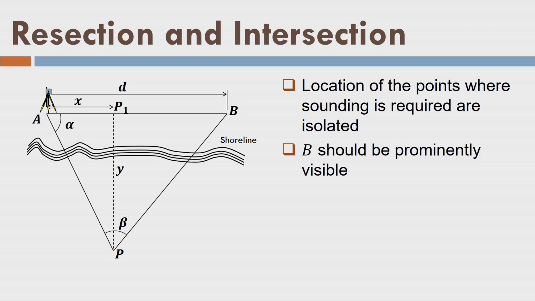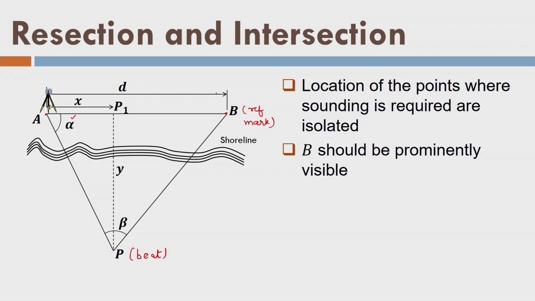In this case, there is a point P where the boat is located. Point P is the reference mark. At point A, we are setting up our instrument, say a total station or theodolite, and then we measure the angle at A to the boat for the current position of the boat, and we also know the distance d.